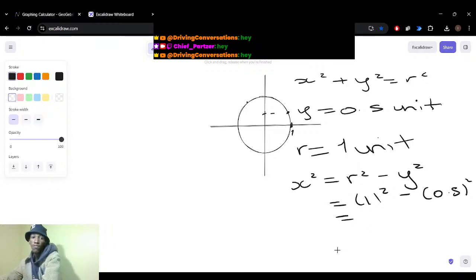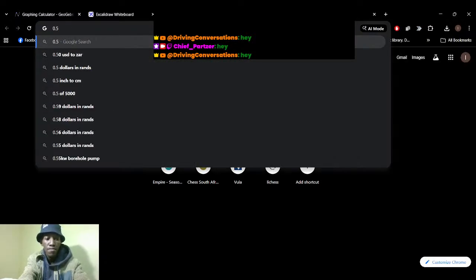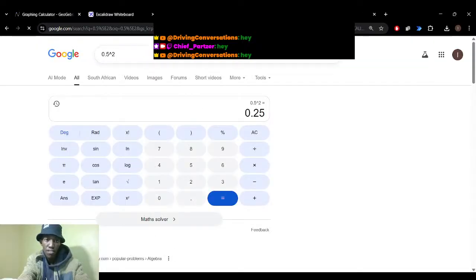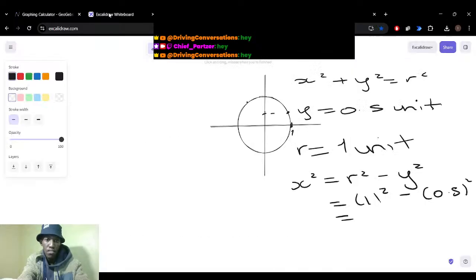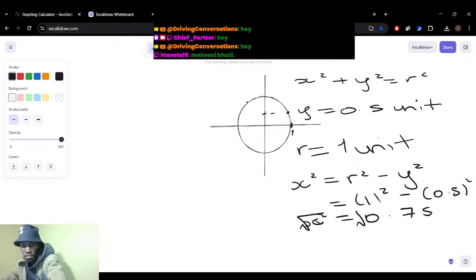Okay, let's calculate. 0.5 squared is 0.25. So it's 1 minus 0.25, which is 0.75. And then we solve for x, right? We take the square root, the inverse of a square is a square root.